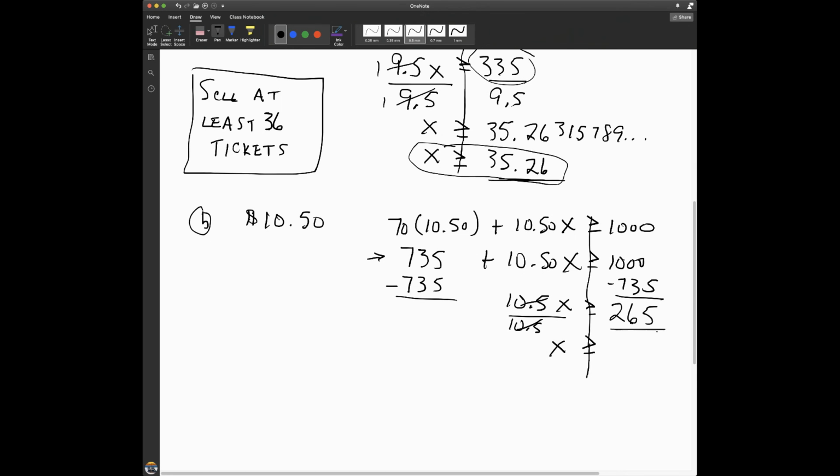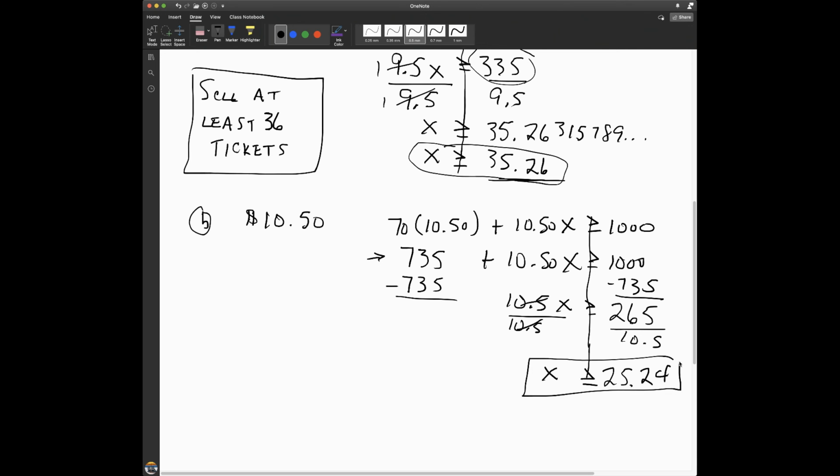I'm going to move this down a little bit so it's not crowded. So x is greater than or equal to 265 divided by 10.5, which is 25.24, estimating.